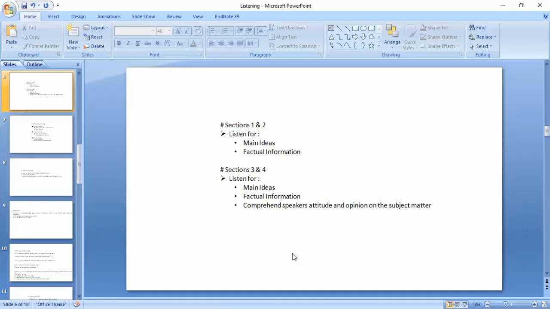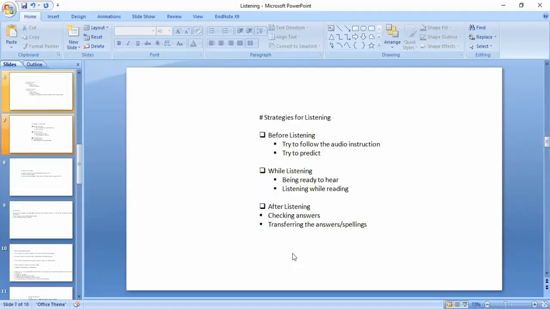In sections 3 and 4, you have to take care of the main idea, what they are trying to say. Especially, you have to comprehend the attitude of the speaker, the opinion of the speaker relating to the subject matter, like whether the speaker is agreeing or disagreeing, whether he or she is optimistic or pessimistic, and so on.